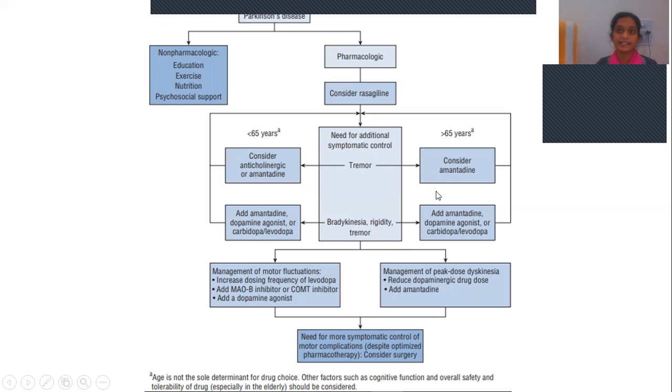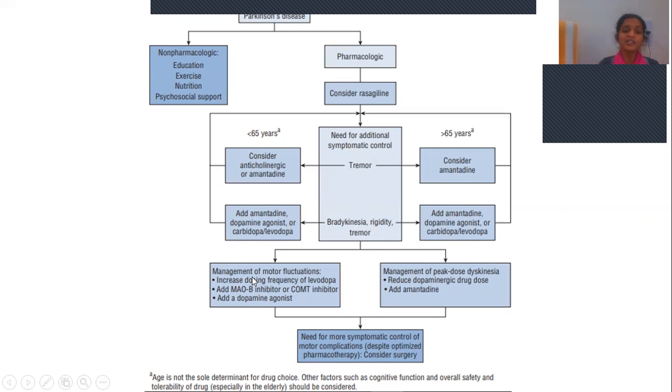If it is greater than 65 years, we add amantadine and carbidopa or levodopa. To summarize: if the age is less than 65 with tremors, we add an anticholinergic or amantadine. If there is bradykinesia, rigidity and tremor, we add amantadine or carbidopa or levodopa. If the age is greater than 65, we add only amantadine.